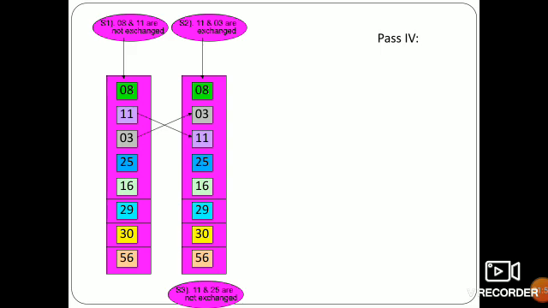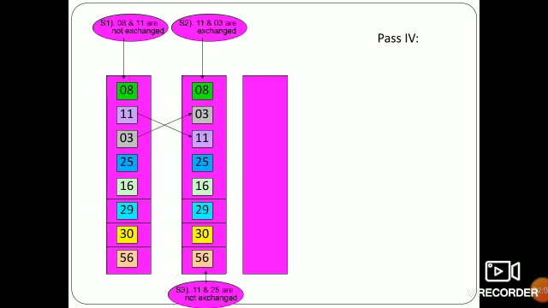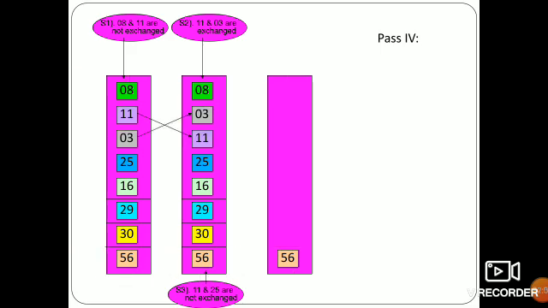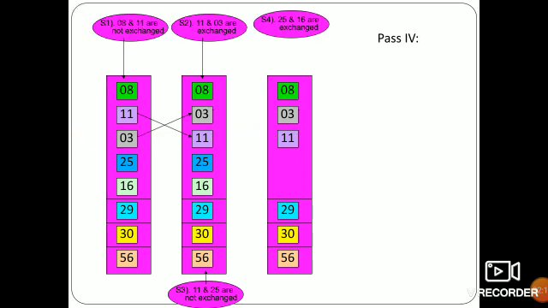Okay, next 11 and 25, there is no need to exchange. 11 and 16, so exchange should be there. 56, 30, 29. 8, 3, 11. So 25 and 16, now exchange should be there.